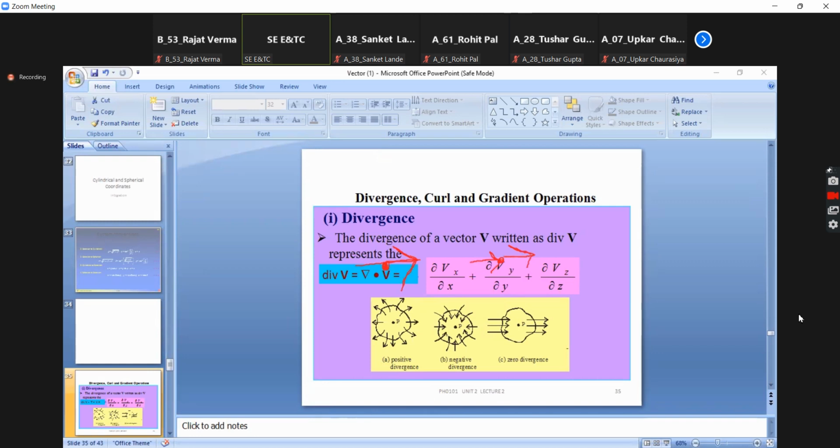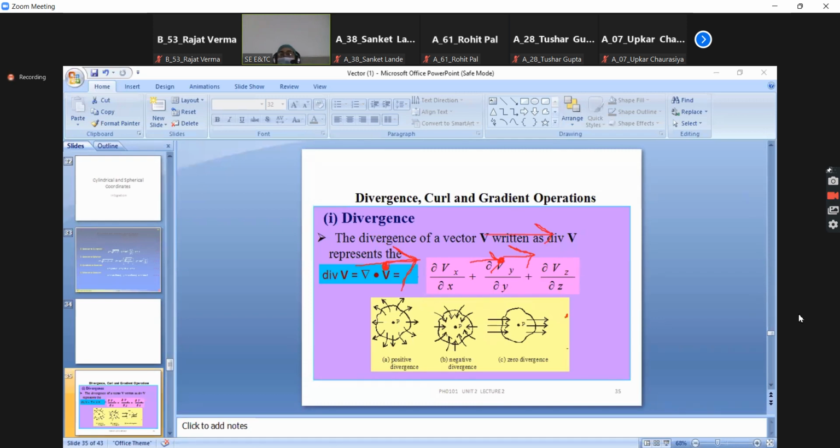So at this point, the field is neither converging nor diverging, because from one side water is going in, and from the other side the same volume is coming out. Okay, I am clear here. Of your pipe, the field is such that it has zero divergence.